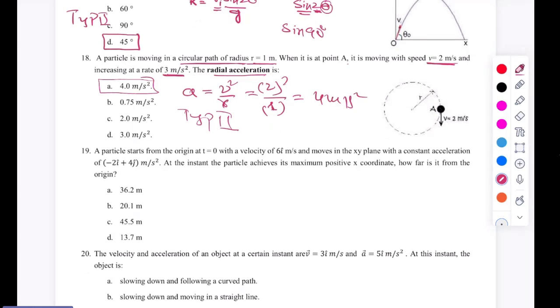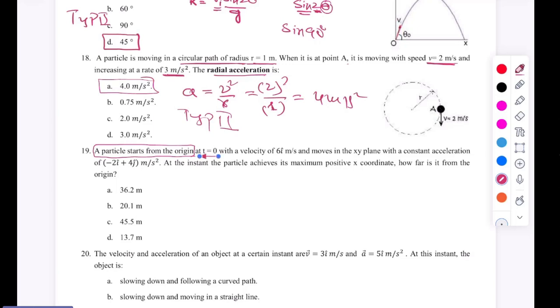A particle starts from the origin. This is the information. When an object starts from some point, its initial velocity is not necessarily 0. If it starts from rest, there would be no point mentioning the origin.